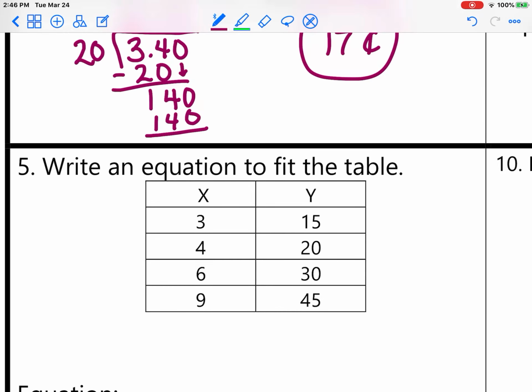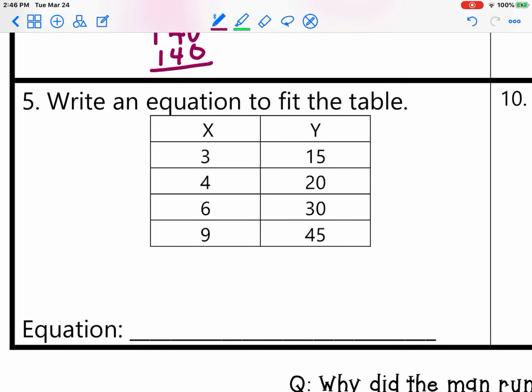Number 5. Write an equation to fit the table. What's happening to x to make it y? Remember, your equation has to start with y equals. So, if I'm looking at 3 and going to 15, what's happening? If I'm looking at 4 and going to 20, what's happening?